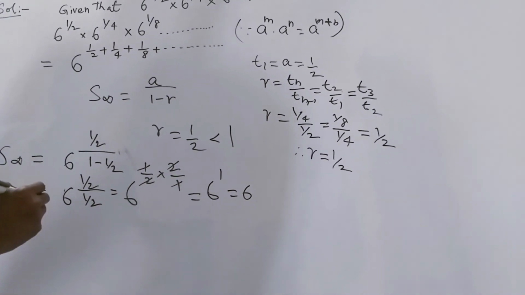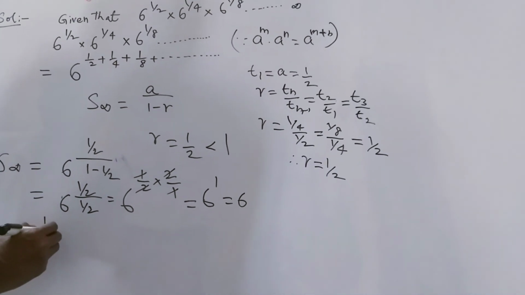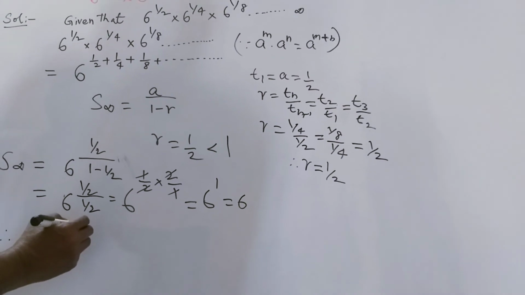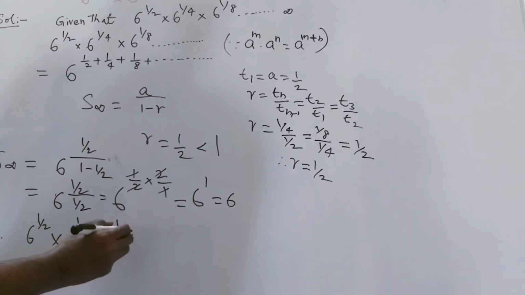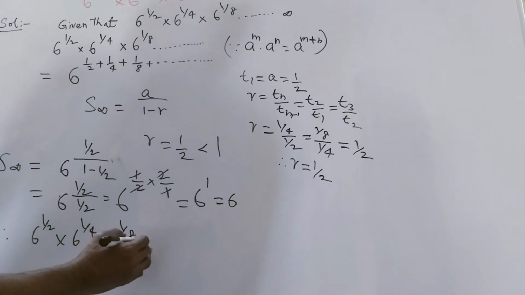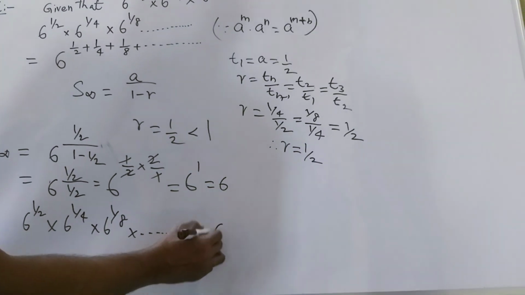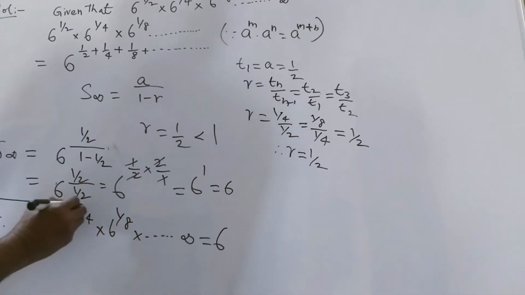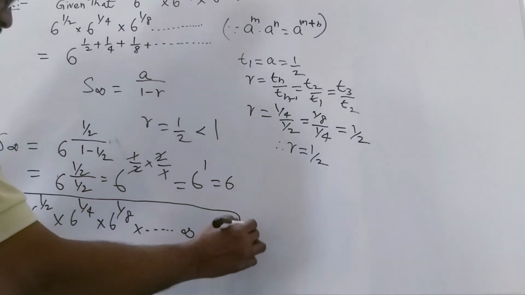Therefore 6 to the power of 1 by 2 into 6 to the power of 1 by 4 into 6 to the power of 1 by 8 into and so on up to n terms is equal to 6. This is the required answer.